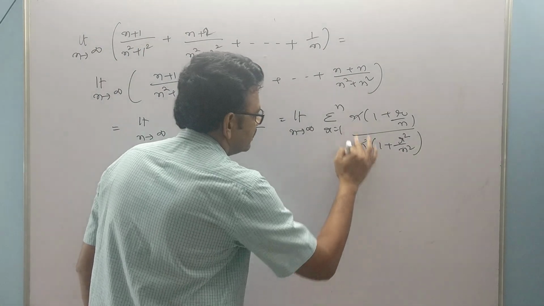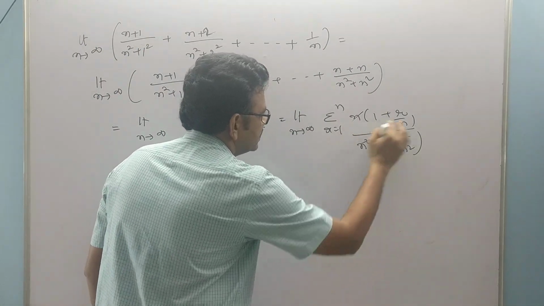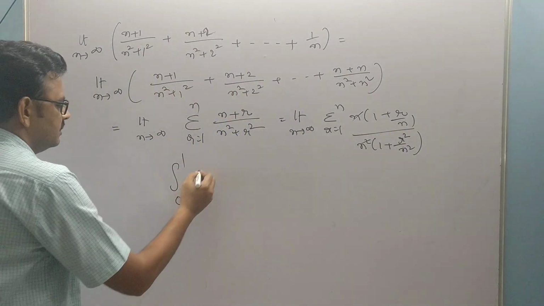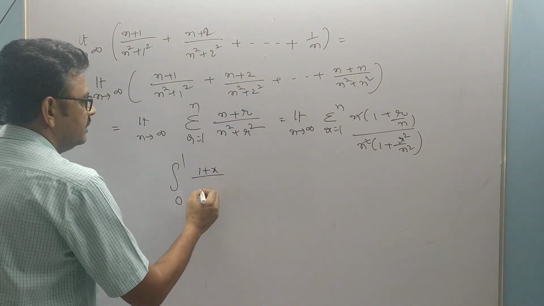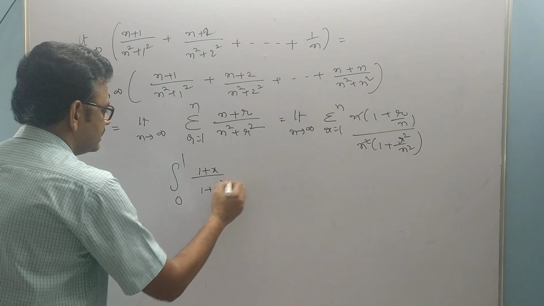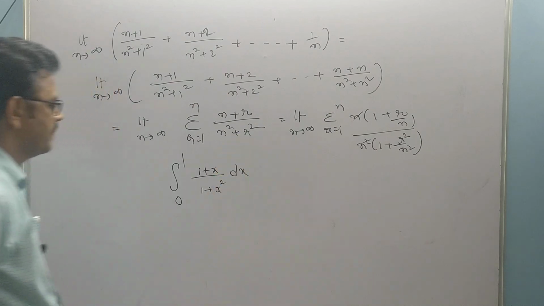So this 1 by n becomes dx. So this is (1 plus x) by (1 plus x square) dx.